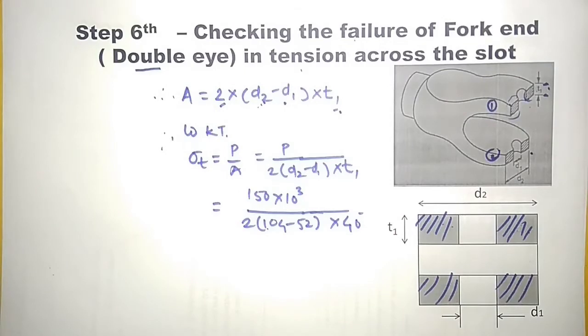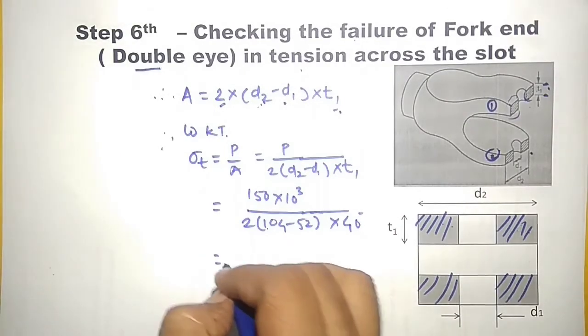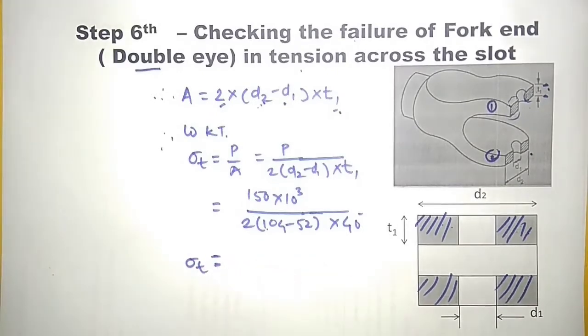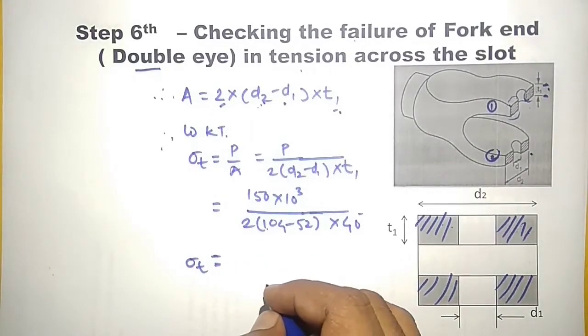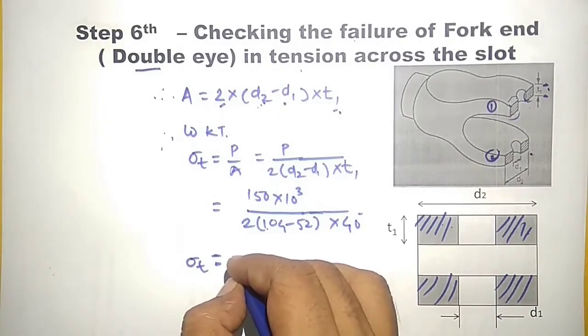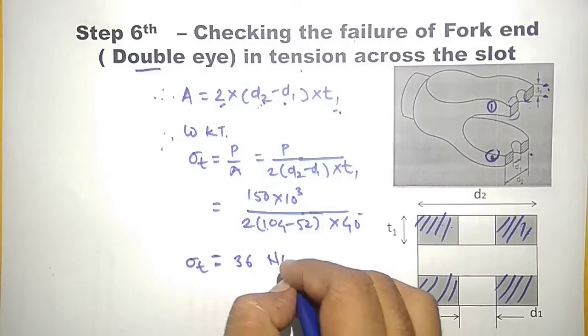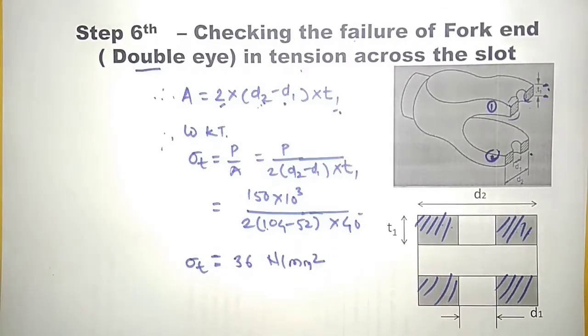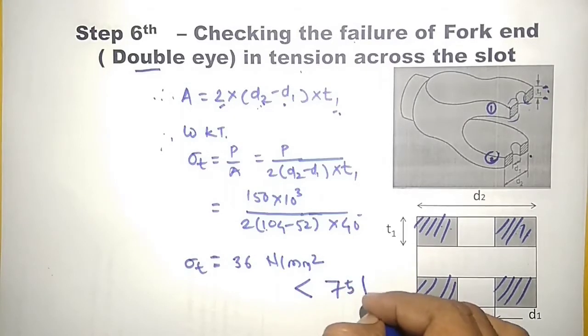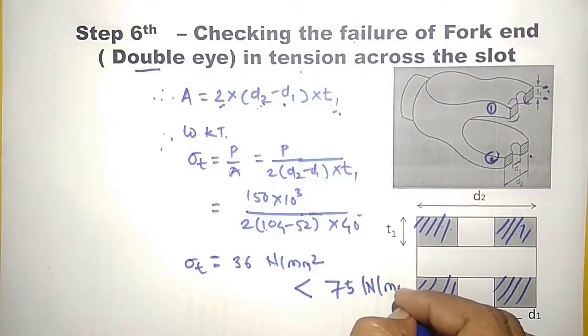Put the values in the calculator and we get the induced tensile stress sigma T, which is 36 Newton per mm square, which is less than 75 Newton per mm square.